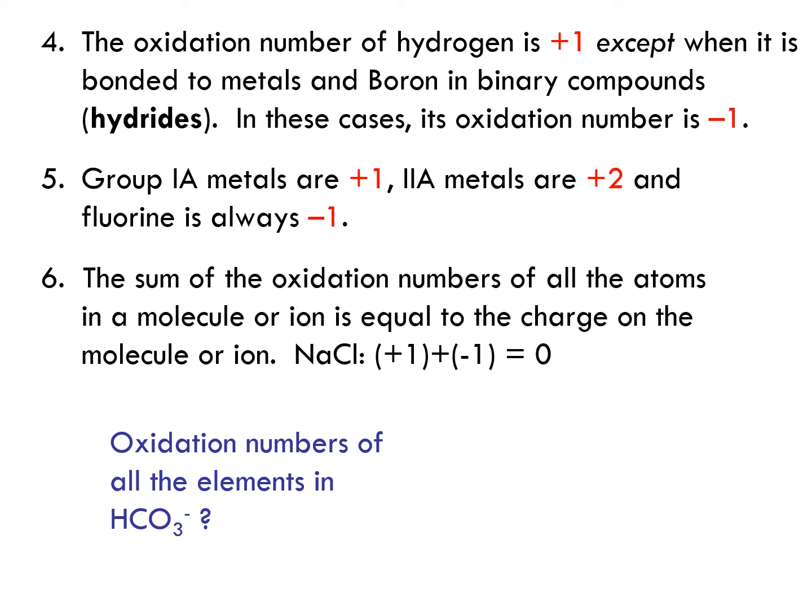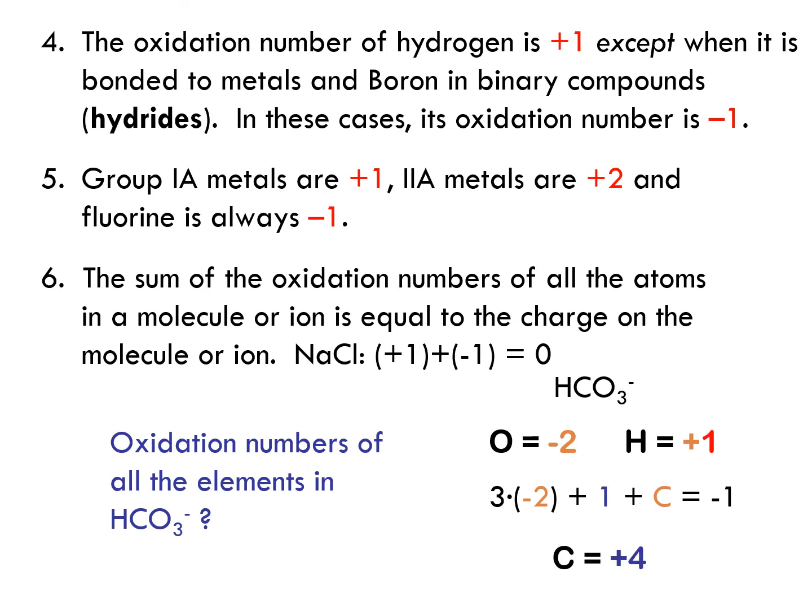Carbon is all over the place in terms of oxidation numbers, but because you have only one unknown, and you know that the ion as a whole is charged -1, you know that the sum of all the oxidation numbers, so +1 for hydrogen, and then 3 times -2 for oxygen, and then plus X, that would be carbon, should give you -1, right? So you can do it in your head, or you can use algebra, and you will figure out that carbon is +4. Carbon pretty much can have any number between +4 and -4.